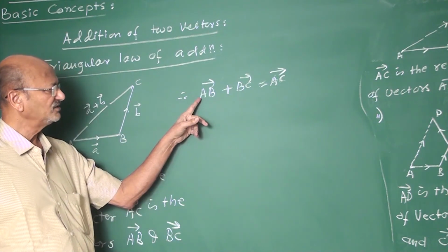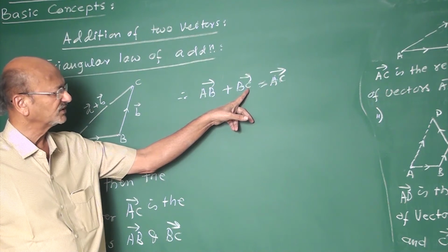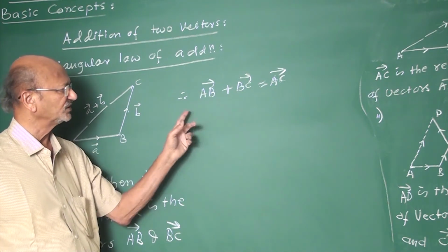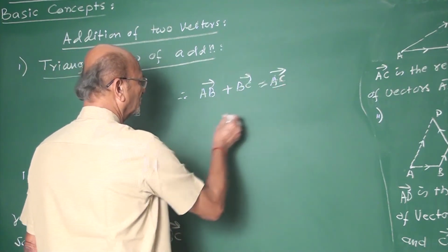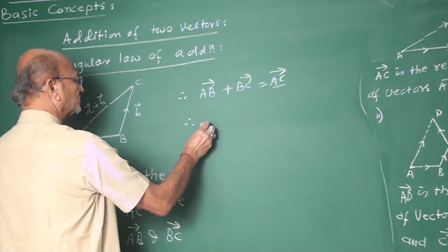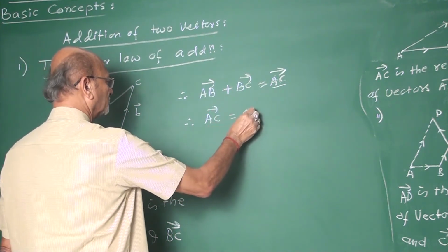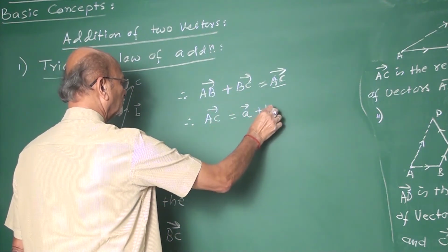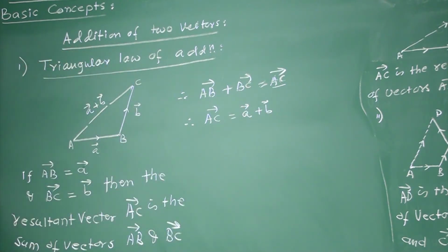It is a line joining the initial point to the end point of the second factor. So it is AC. This AC is the addition. Therefore, my friends, factor AC is the sum. This is factor A plus factor B. This is known as the triangular law of addition.